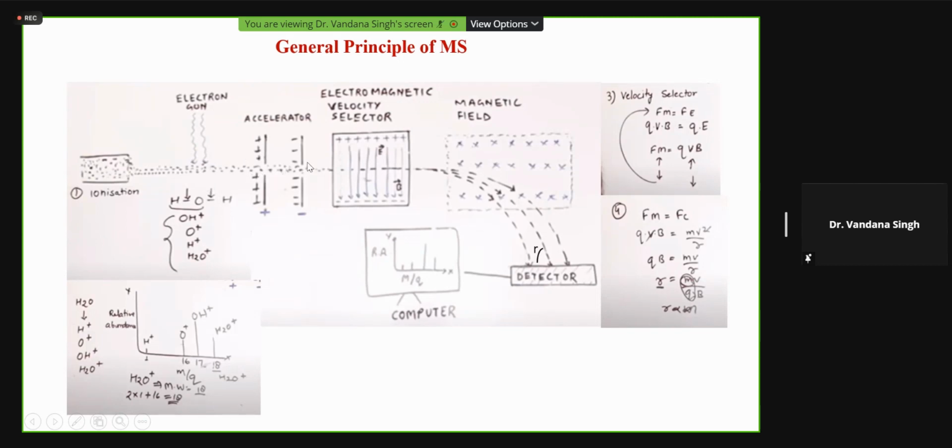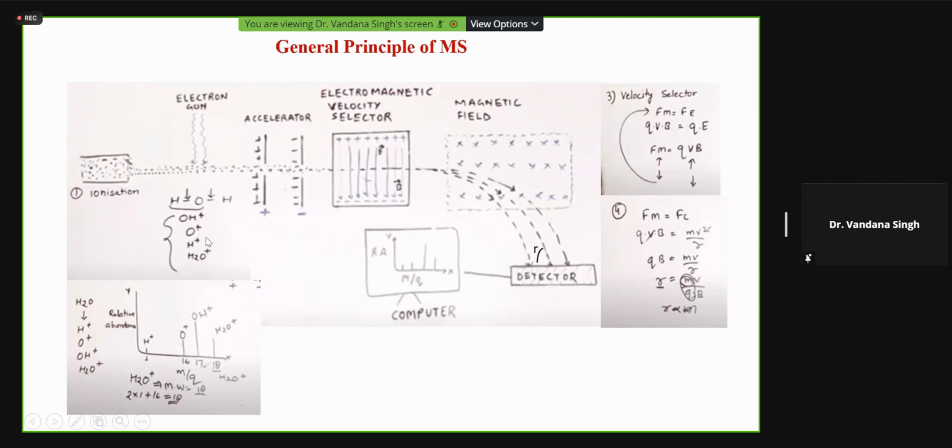which is also a part of the mass spectrometry system, which is basically certain electrodes, positively and negatively charged electrodes, and they are split. So the charged particles through these splits, obviously they are positively charged, will move toward the negative charge and they will gain a velocity.